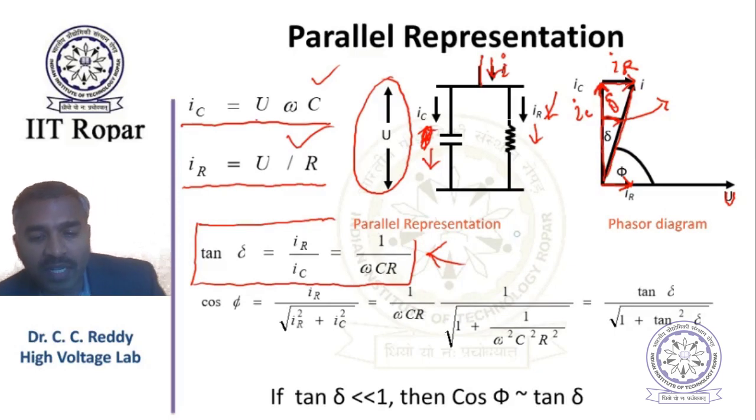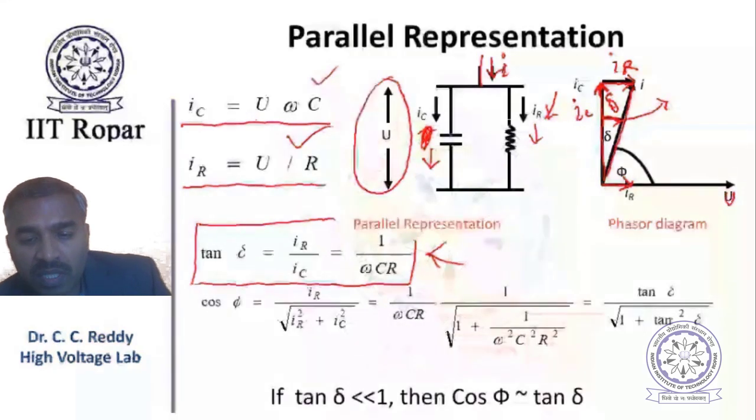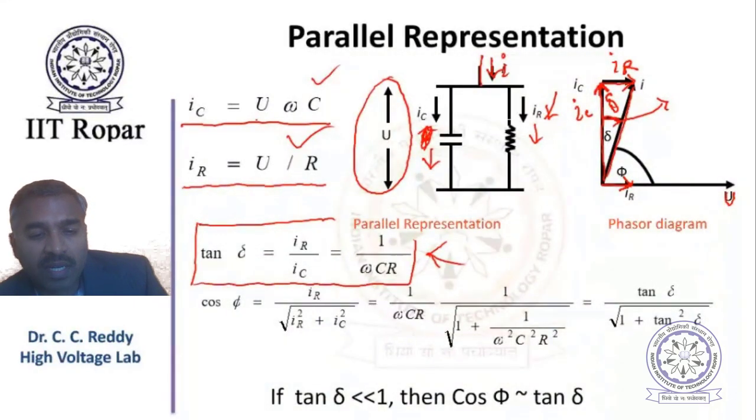So tan delta represents how lossy the material is, how lossy the dielectric is, or if it is power equipment, how lossy the power equipment is. It is the ratio of resistive current to capacitive current.